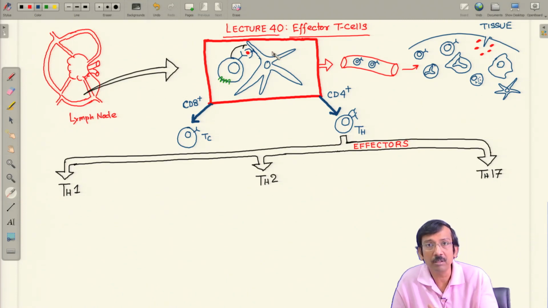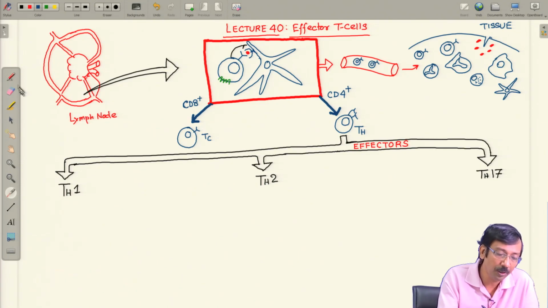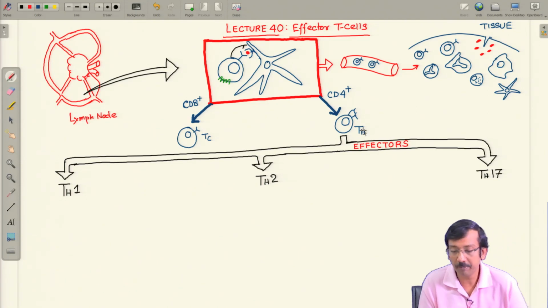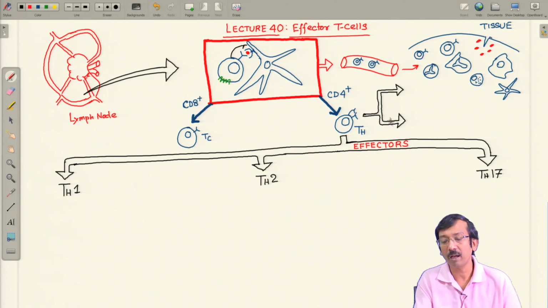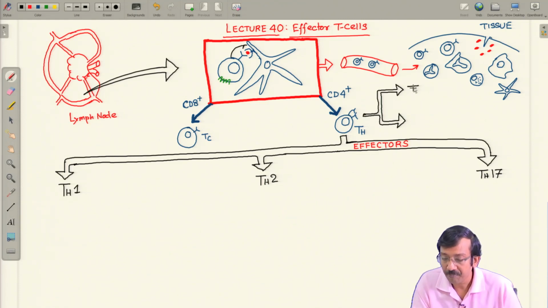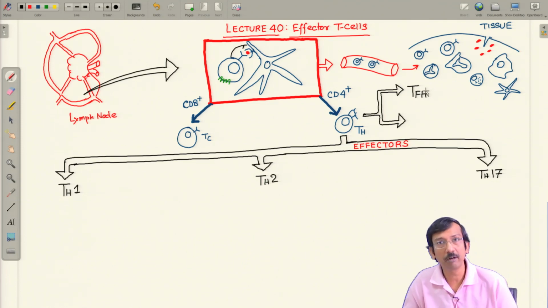Now, what are the effector cells of the T helper cell type? If we see the helper cell types, the helper T cells can develop into different effector T cells as well as certain other T cells which are not really effector cells, but they are involved in some other processes, like the TFH or the T follicular helper cells.